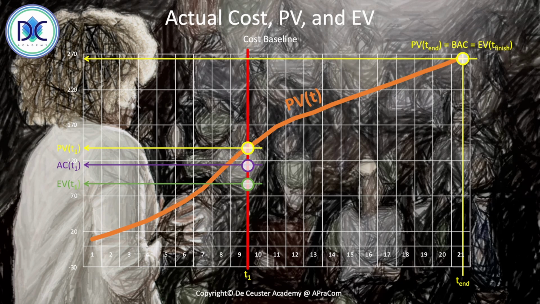But we also see that we're spending more money, so in terms of financial efficiency, we're not using our money in an efficient way. So it's very important that by looking only at these three parameters, we can identify the status of the project, both related to schedule and to cost.